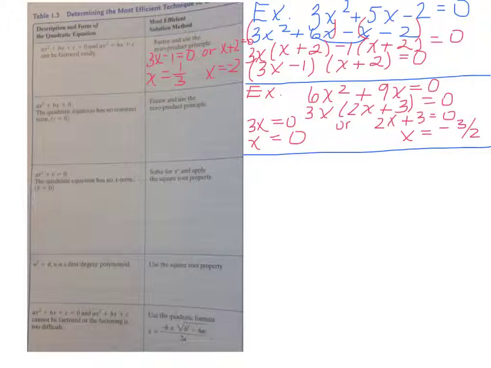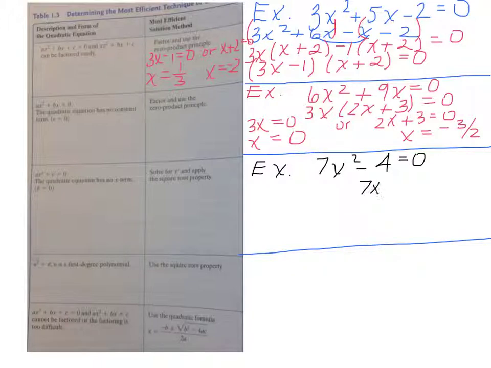Then if your quadratic has no x term, the best method to use is to use the square root property. So if you had something like this, you would get the square by itself.